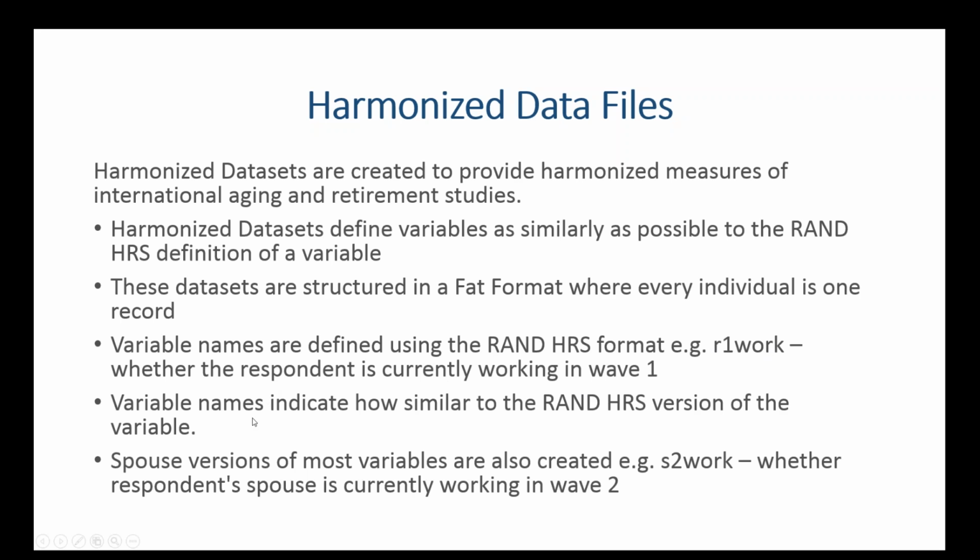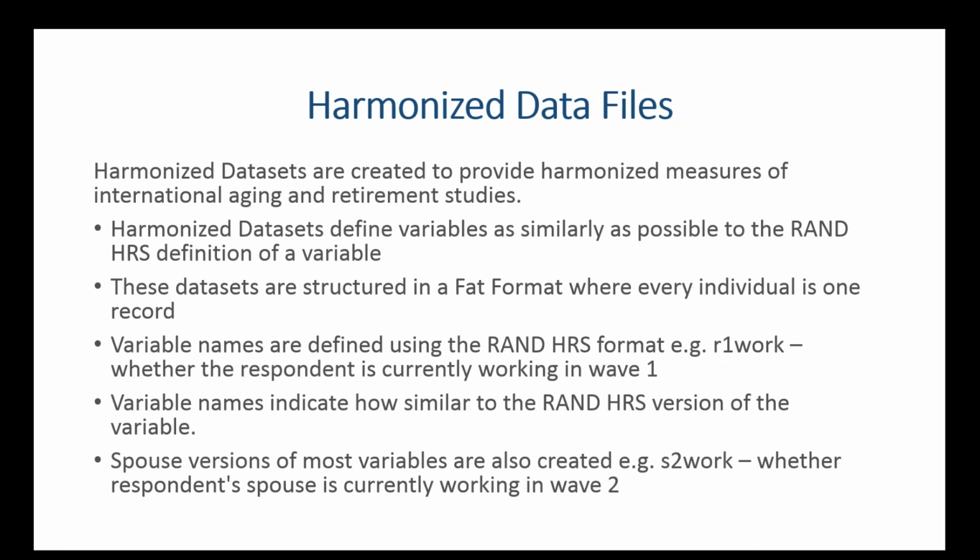Variable names also indicate how similar to the RAND-HRS definition a variable is. For instance, in the ELSA data, if you have a variable called R1work, then you can know that it's really comparable because we've given it the same variable name.